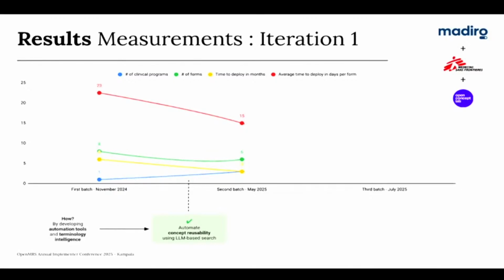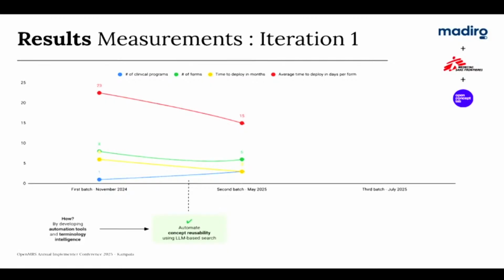Then we introduced OCL mapper, still iterating to improve. And then we introduced the form gen UI that really removed us from being a bottleneck for the medical team, with no dependency on technical teams.